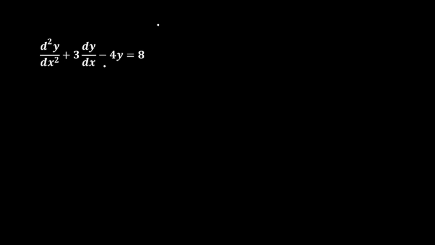this is our first example, and we saw that to get our complementary solution, we have n squared plus 3n minus 4 equal to 0.